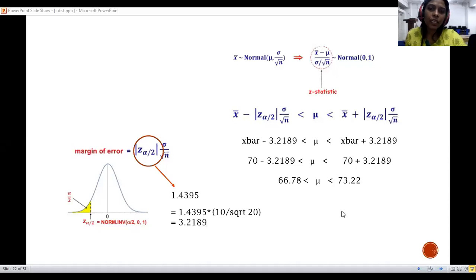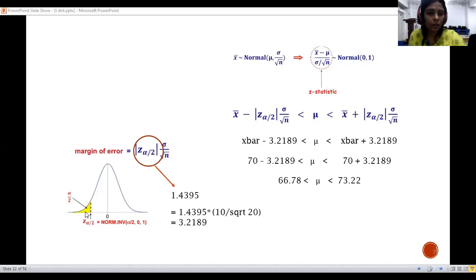Okay, so if you can see my slides, I hope it is visible. So you can see this was the formula which I had shown last, and we had to calculate these values in order to calculate our lower limit and our upper limit. So we had to calculate first z alpha by 2. That is what we had done. We had calculated norm.inv using that particular formula because we needed to calculate this x value.